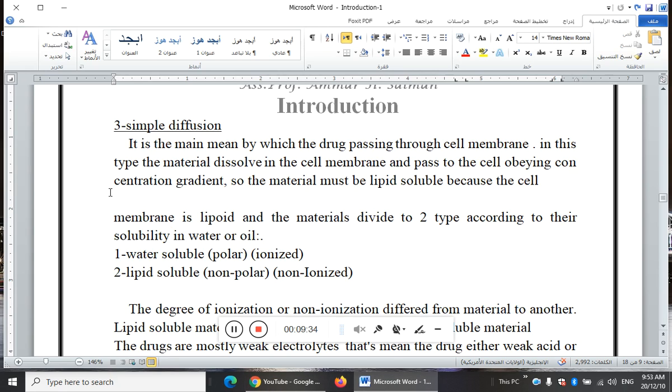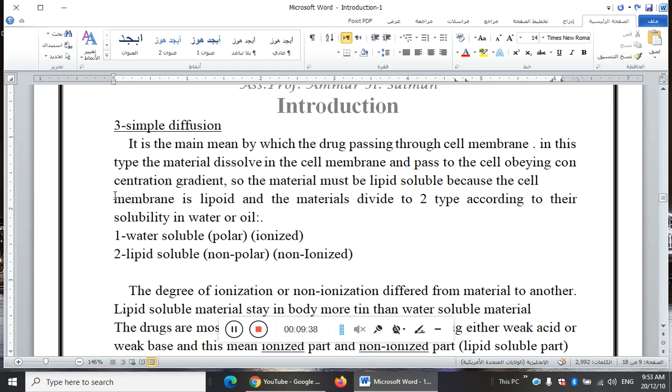The materials in general are divided into two types according to their solubility in water or oil. The materials in general are either water soluble, which is polar or ionized, or lipid soluble, which is non-polar or non-ionized.